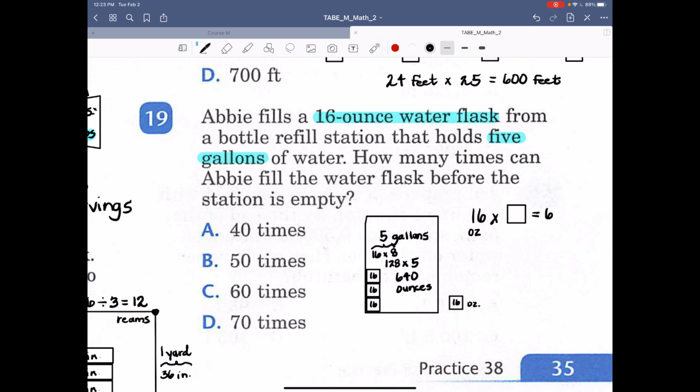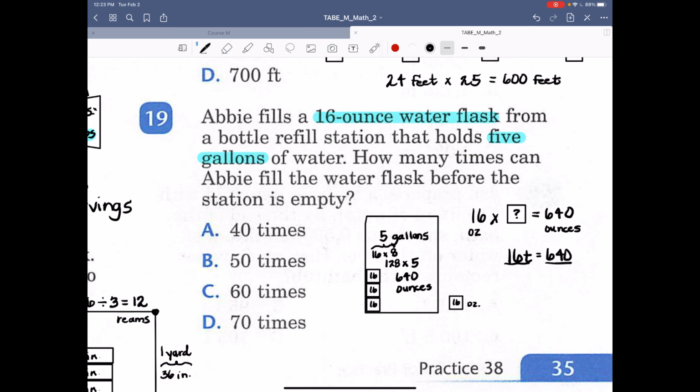So we want it to equal 640. Because remember, these have to match. So I'm looking for how many times I can fill that bottle. Now I could check all 4 of those answers and see which one fits. That will work. Or you can set it up as an algebra problem. 16 times unknown number of times is 640.